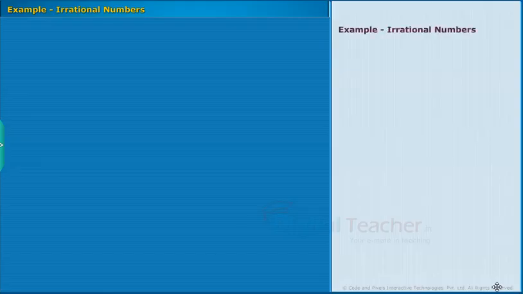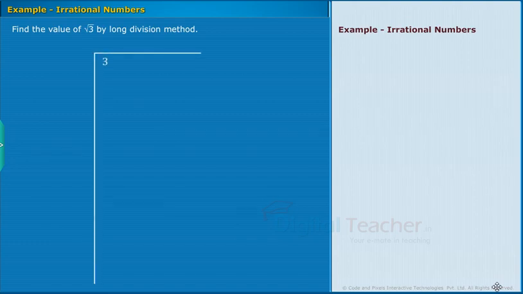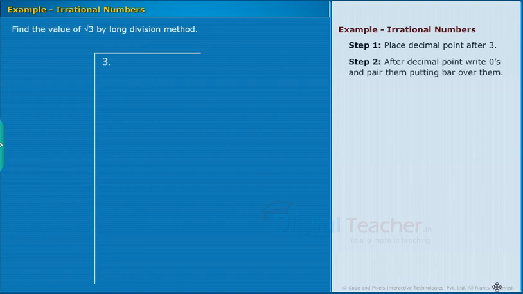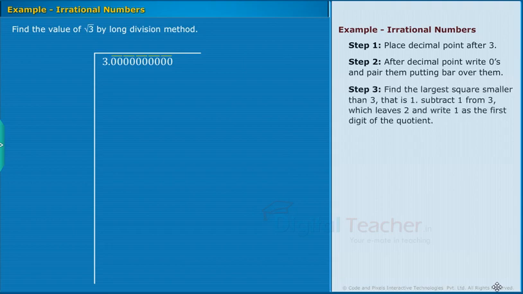Let us solve an example of irrational numbers. Find the value of √3 by long division method. Step 1. Place decimal point after 3. Step 2. After decimal point, write zeros in pairs, putting a bar over them. Step 3.